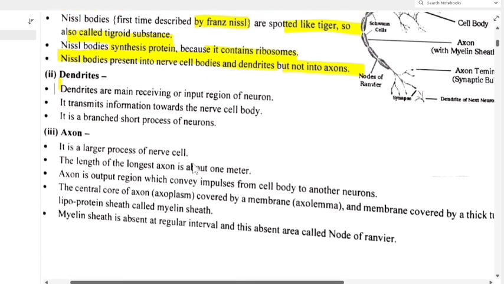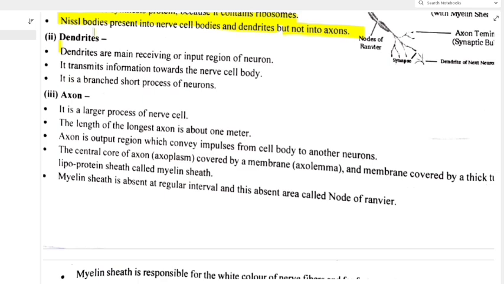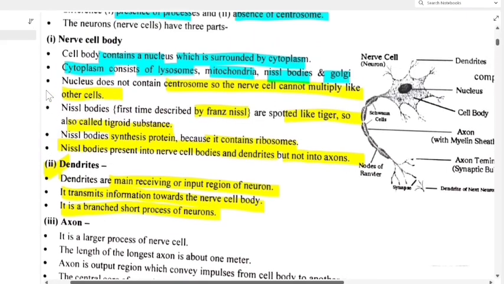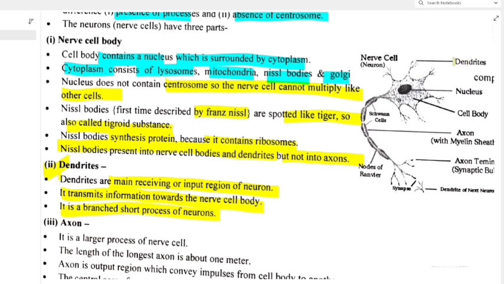Now come to dendrites. Dendrites are the main receiving or input region of the neuron. They transmit information towards the nerve cell body, and they are branched short processes of neurons. So let's see in this picture. All these are dendrites. Can you see?